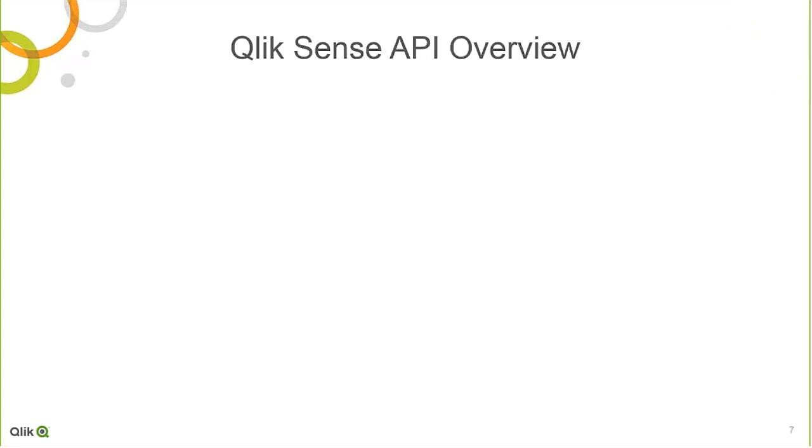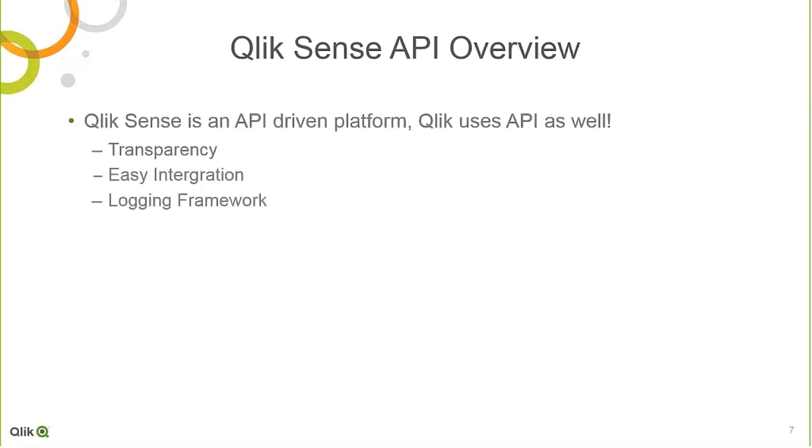So let's talk about the Qlik Sense API overview. As we know, Qlik Sense is a very API-driven platform, not only for external usage, but Qlik's internal communication relies on APIs as well. The purpose is to make full transparency between internal usage and extensions or external calls.